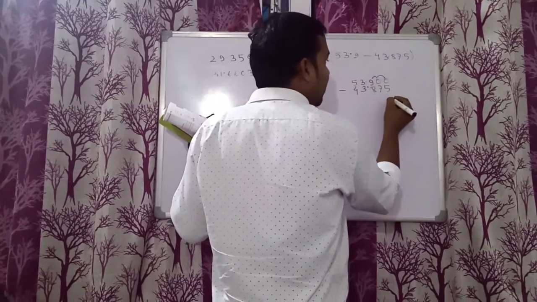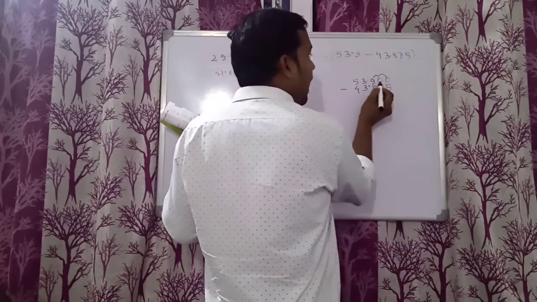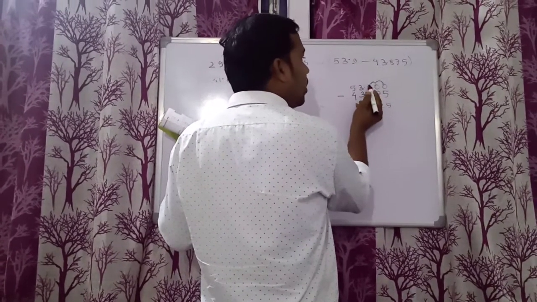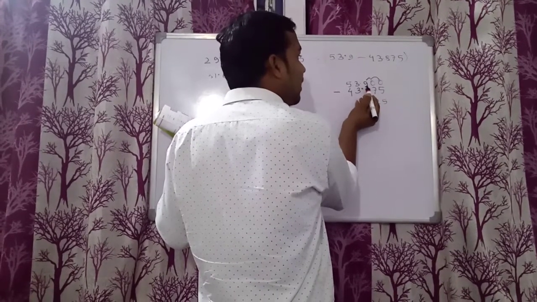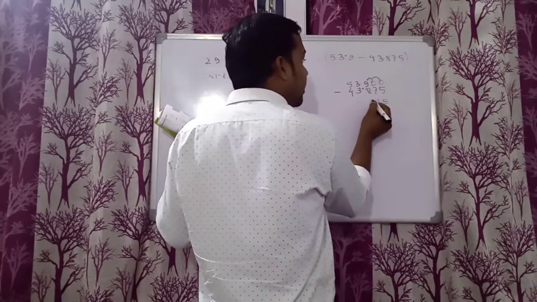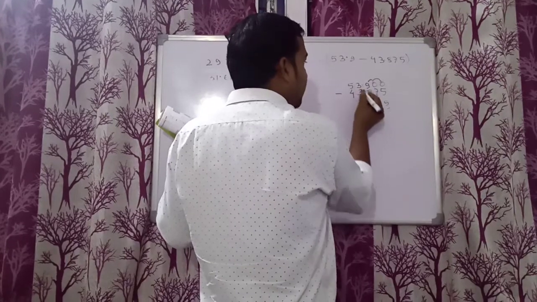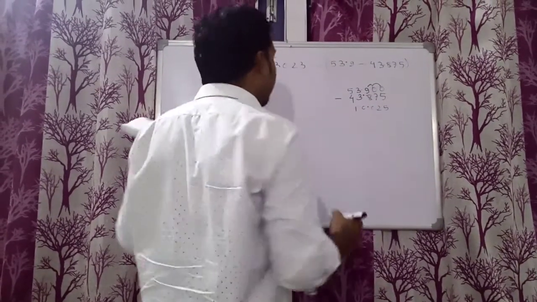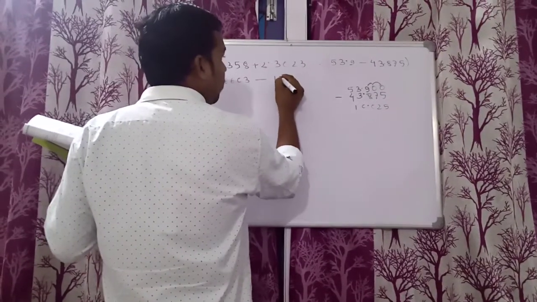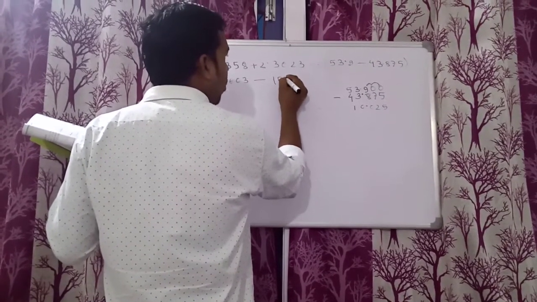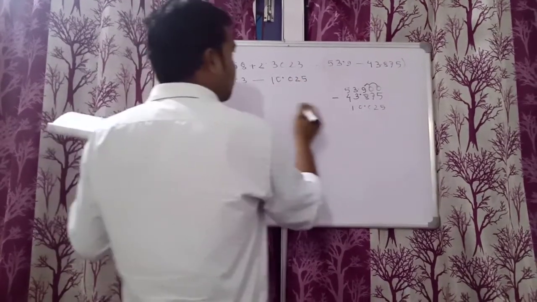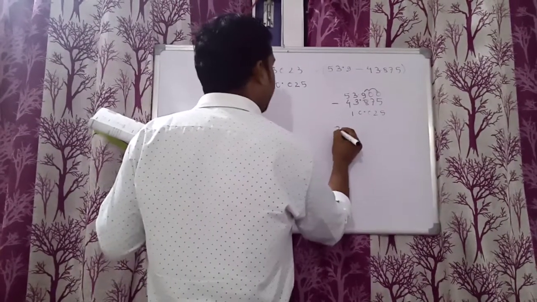Then 10 minus 5 is equal 5. Then here 9 is there. 9 minus 7 is equal 2. Then here already we took 1. That means here 8 is left. 8 minus 8 is equal 0. Then put point. 3 minus 3 is equal 0. Then 4 minus 1 is equal 1. That means it's equal 10.025.